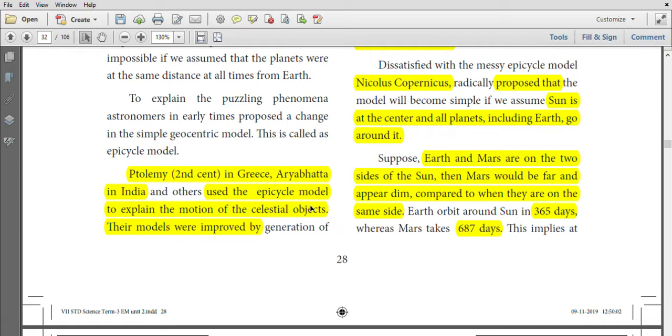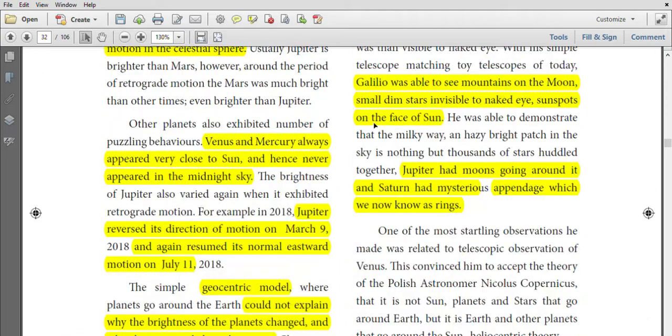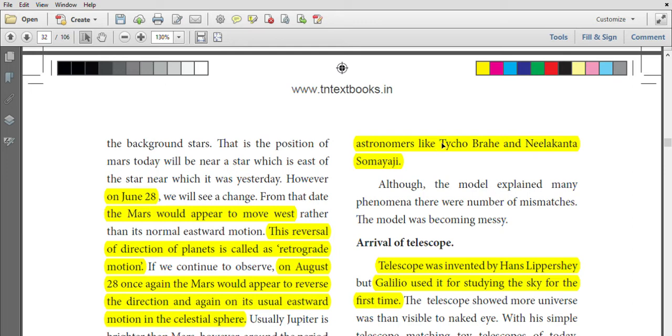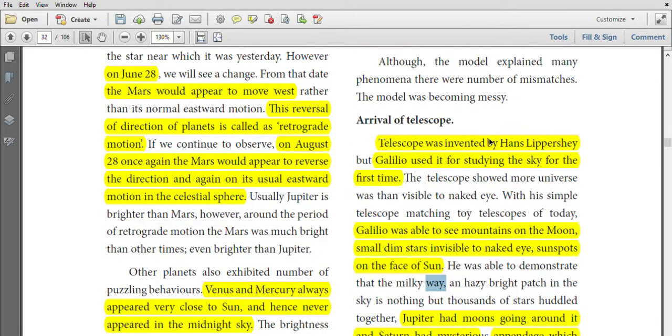Celestial object means planet. The model was improved by astronomers like Tycho Brahe and Neelakanta Somayaji. The telescope was invented by Hans Lippershey. It was used by Galileo to study the sky.